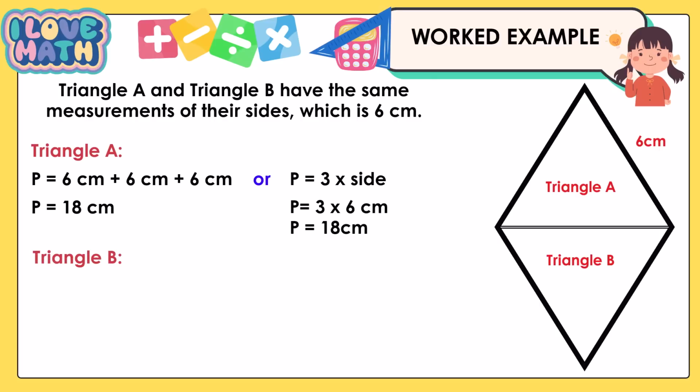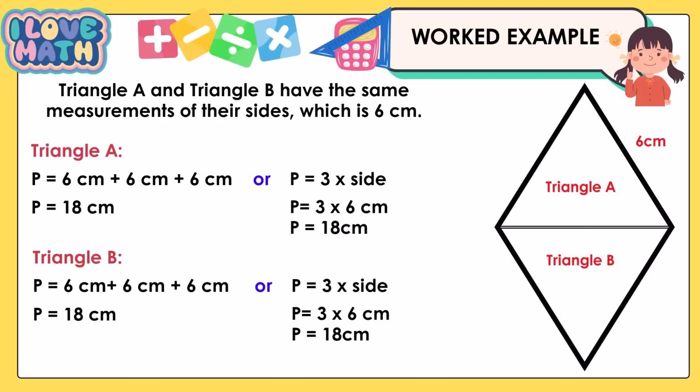For triangle B, P equals 6 centimeters plus 6 centimeters plus 6 centimeters, or P equals 3 times side. P equals 18 centimeters, or P equals 3 times 6 centimeters, P is equal to 18 centimeters.